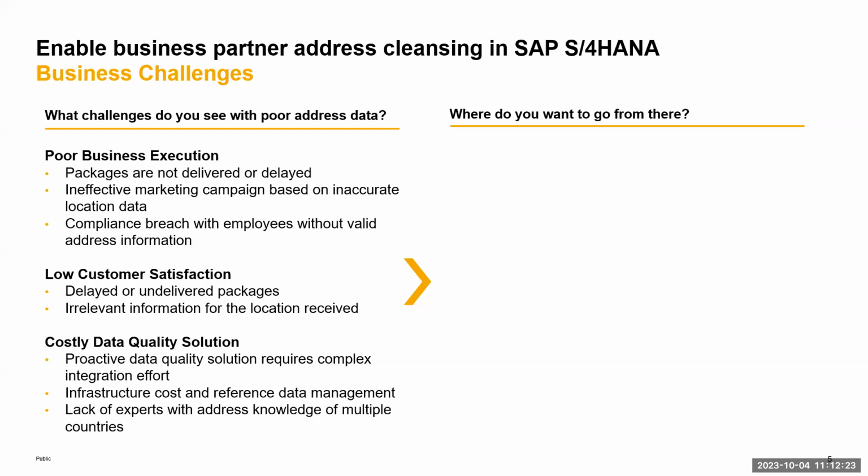A typical example is packages that are not delivered or are delayed because they need to be routed to find the right address. Or you may have a marketing campaign that's not effective because it is based on inaccurate location data. Or you may have a compliance issue. You may have requirements that employees must have valid address information, but you may have a requirements breach.